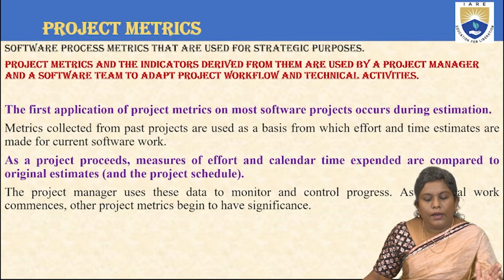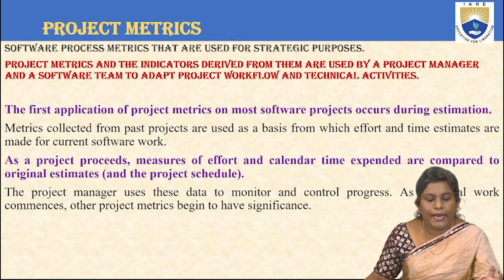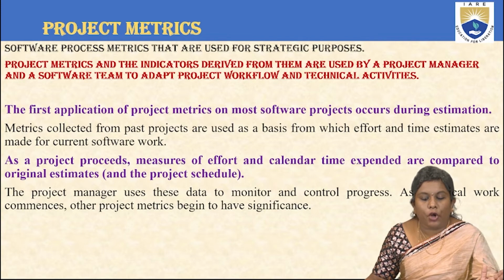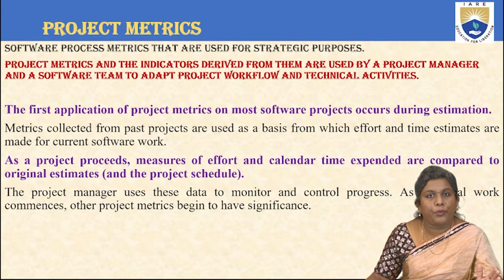Next, they are used for generally strategic purposes, right? I repeat, project metrics and the indicators derived are used by the project manager and the software team to adapt the project workflow and technical activities. So what is the main intention of project metrics?